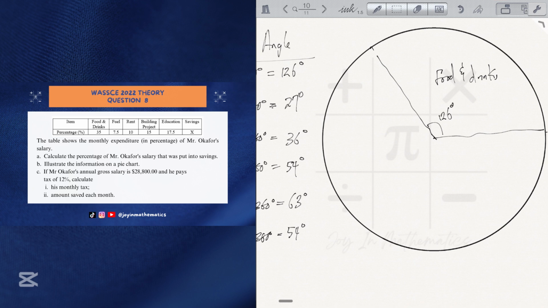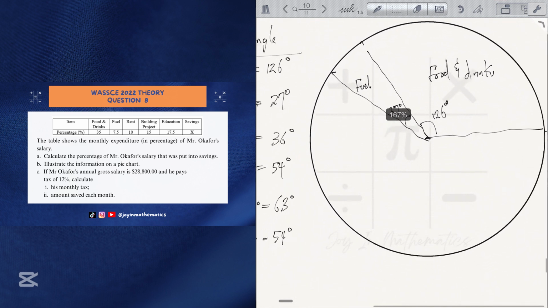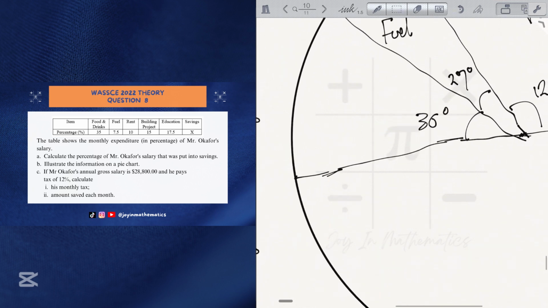After 126 degrees, we have 27 degrees, which will fall about this angle. Remember, it's coming here. 27 degrees is the representation for fuel. Moving on, we have 36 degrees, which should fall beyond 180 degrees in total. 36 degrees is the indication for rent.